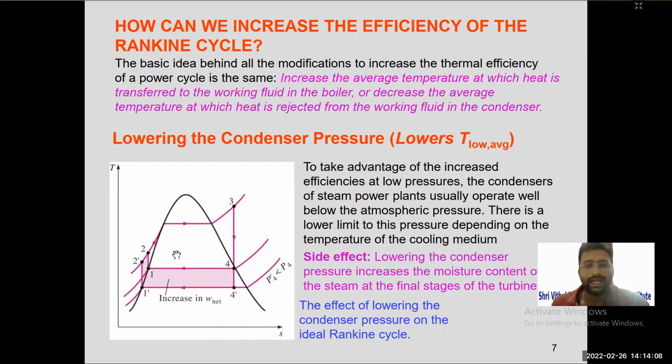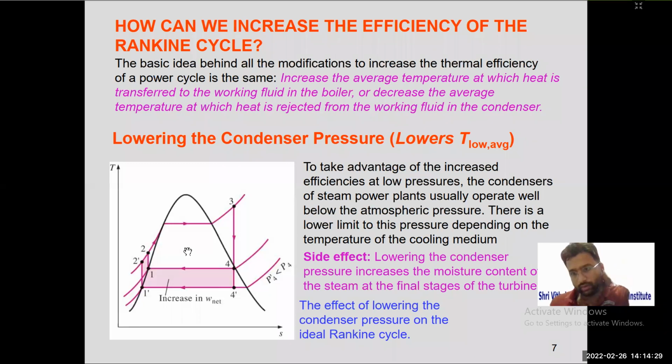Now if you want to increase the efficiency, what you have to do? You have to increase the network. How to increase the network? Increase the area. If you increase this area, that means our efficiency will also increase. Area inside this curve, 1 to 2, 2 to 3, 3 to 4 to 1. Okay. So there is one way.